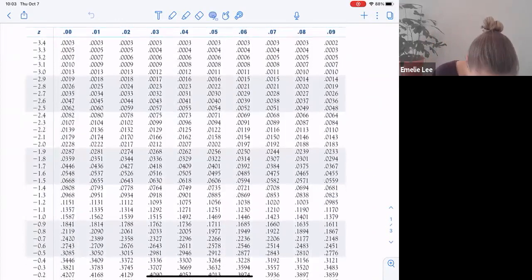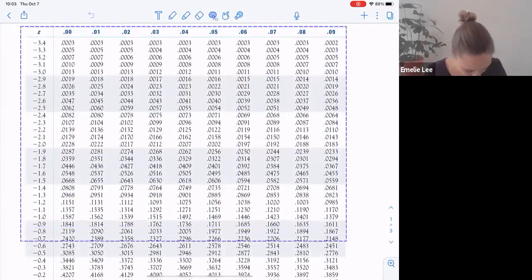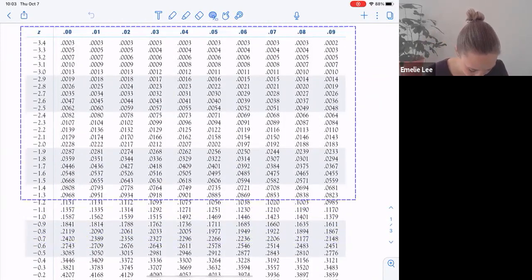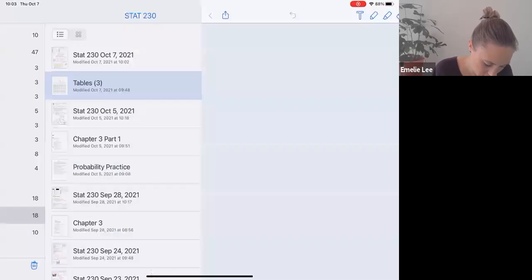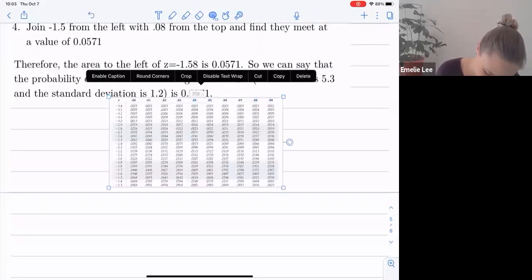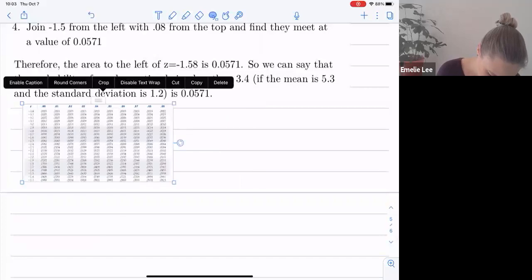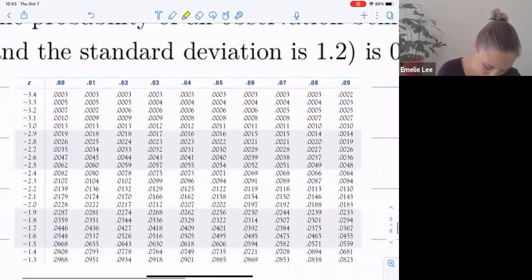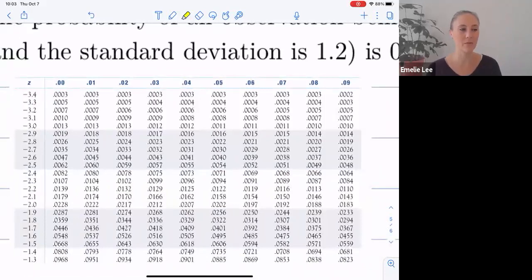Okay, let's see if I can grab all of this here. Because I'm assuming you have it, I can just zoom in here. So we had negative 1.58.